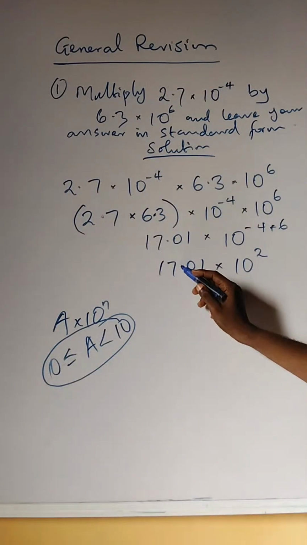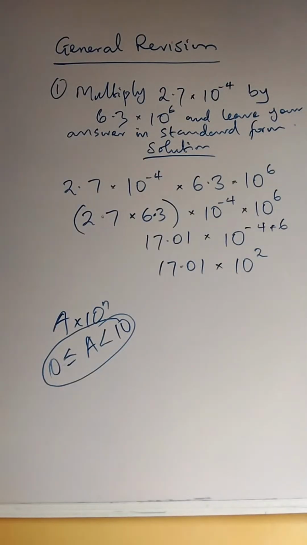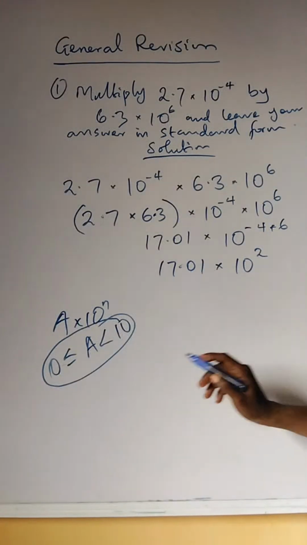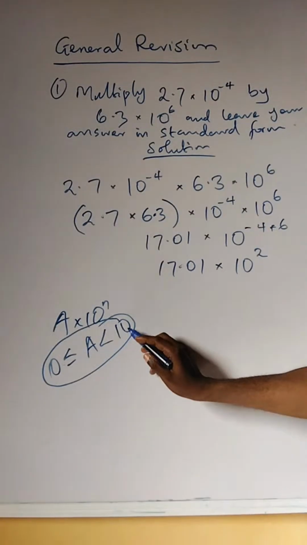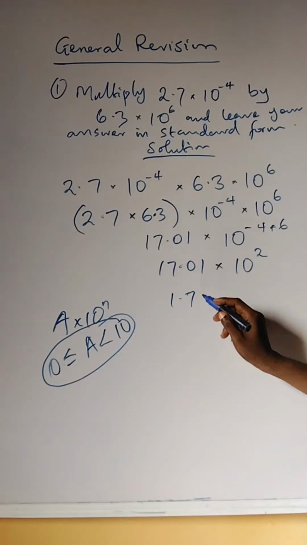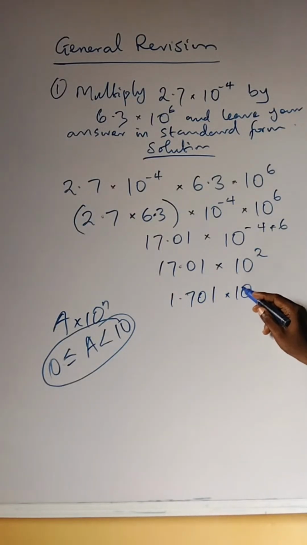So we shift this point just one time. Now 17 is already more than 10, so we shift this point back once, and it becomes 1.701. The number of times we shift it, we multiply by 10 raised to that power, that's 1.